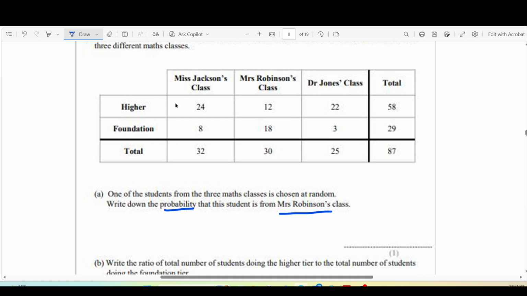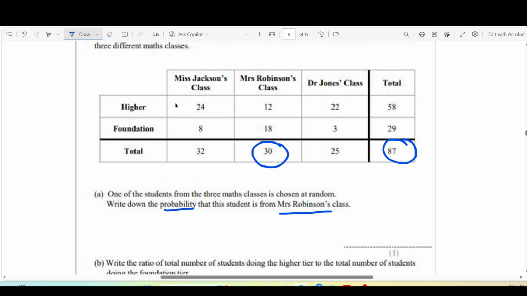Okay, so in Mrs. Robinson's class the total is 30, right? And the total of all the students is 87, right?